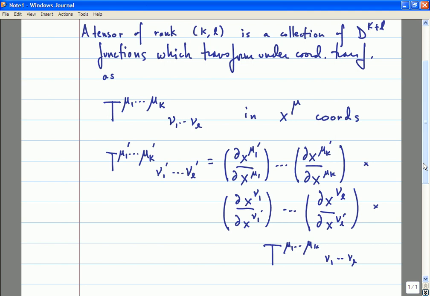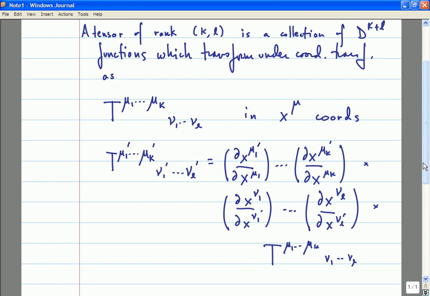This is just the generalization of the notion of a vector from your standard vector calculus class, where, as you probably remember, the components of a vector transform by the multiplication by a rotation matrix, for example, when you do a rotation. And that rotation matrix is just a particular example of a Jacobian matrix for a linear coordinate transformation where the coordinates are rotated in some way.